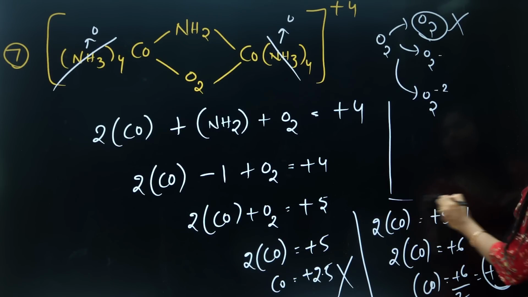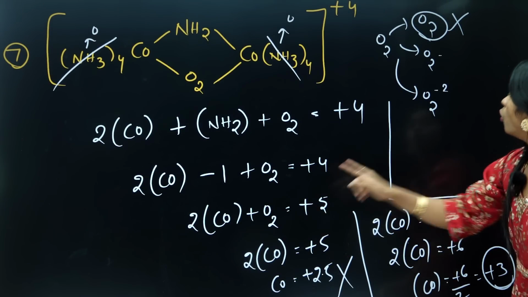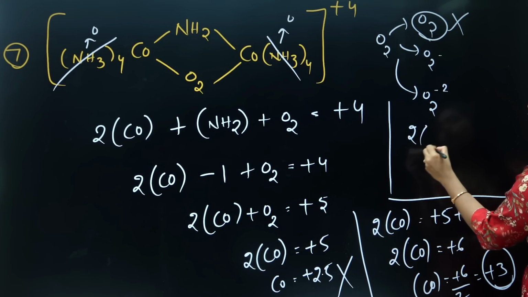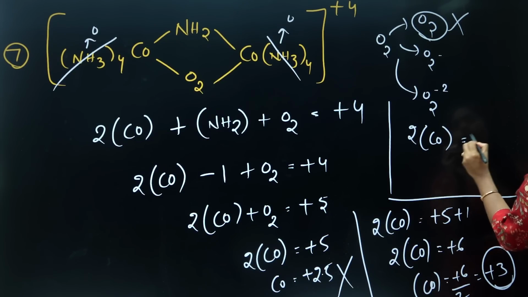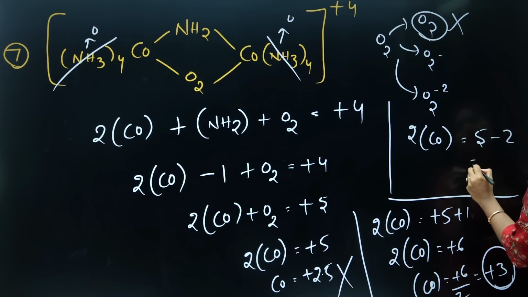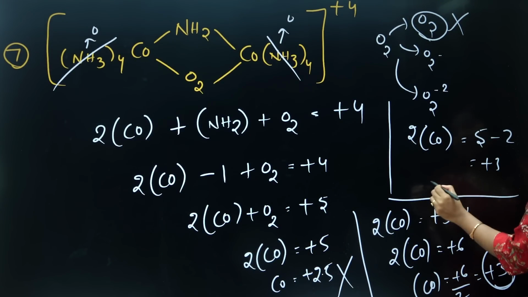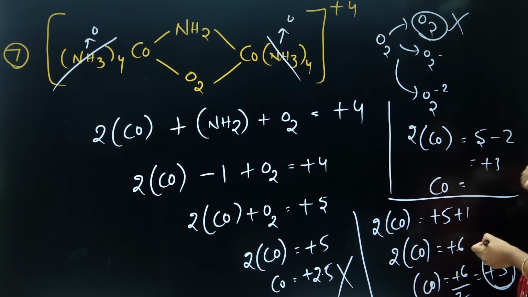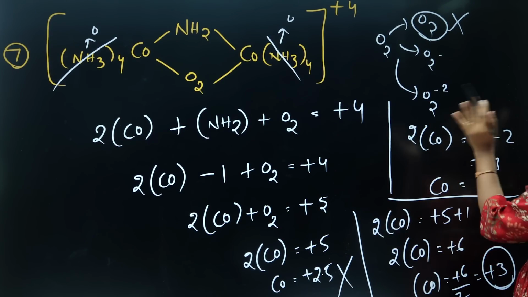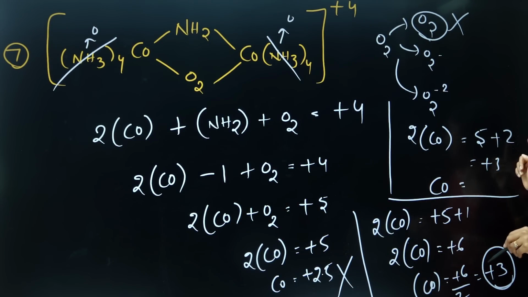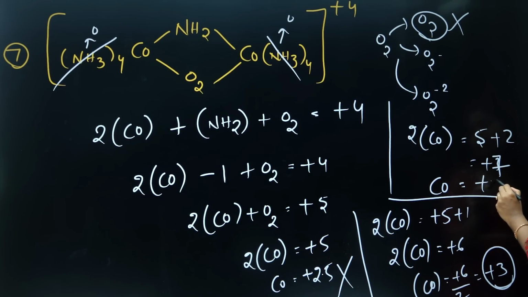Now let us see the next one. If you keep O2 as -2, then 2 CO is +5 minus 2, which is 3. If it comes this side, +2, then 5 plus 2 is 7. 7 divided by 2 is +3.5.